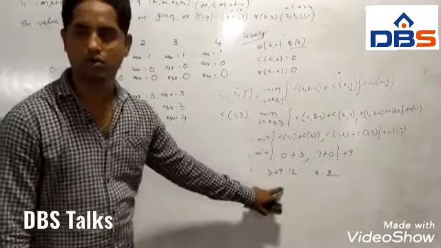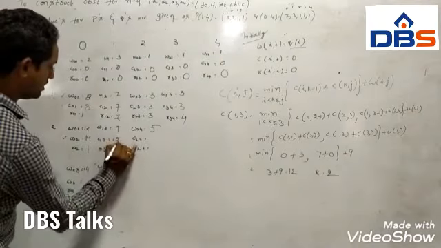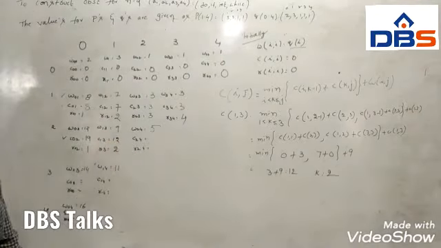So C of 1 3 equal to 12 when k equal to 2. That is 12, R of 1 3 is equal to 2.